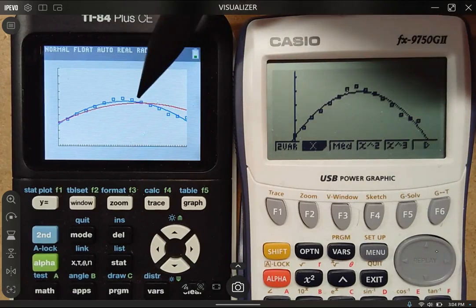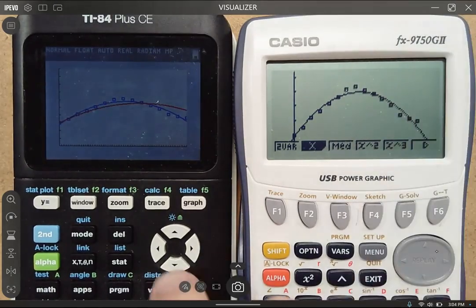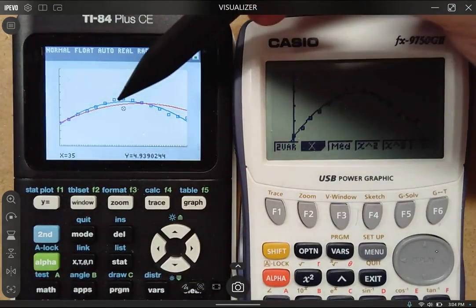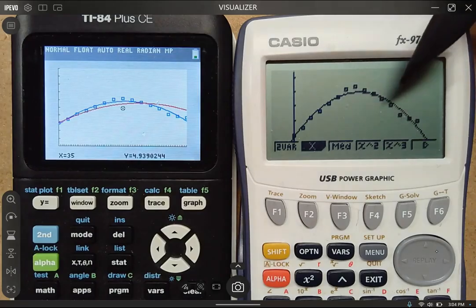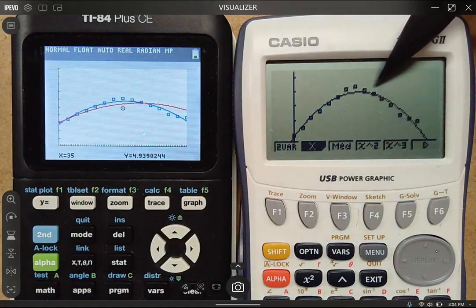But looking at the TI, which of these quadratics fits our data better? Hopefully we can see that the blue one, which is our Y1, the same as the one over here, fits our data better than the red one that we were given back in problem 2 on the first page.